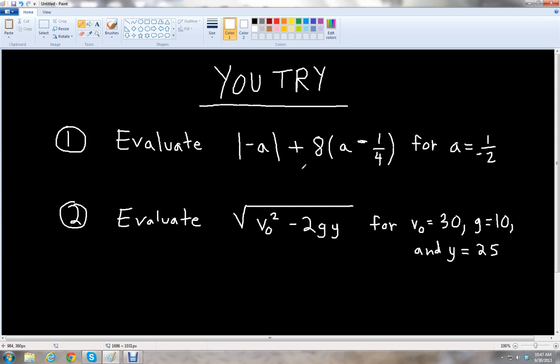That's very important. And for the second problem, you're going to evaluate the square root of v naught, that's how you pronounce it, with the 0, v naught squared minus 2gy. This is evaluated for v naught equals 30, g equals 10, and y equals 25.